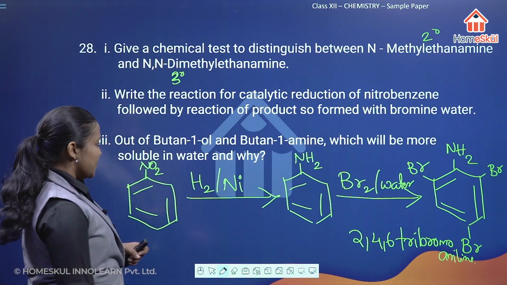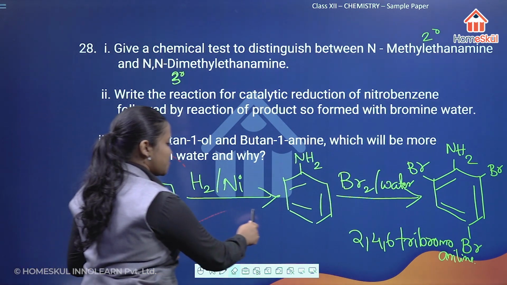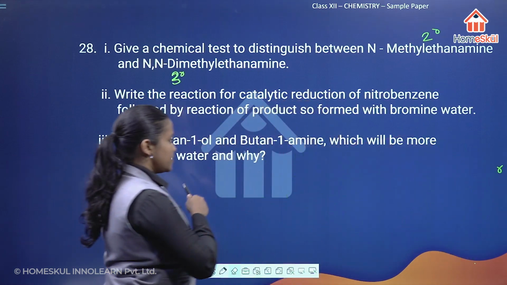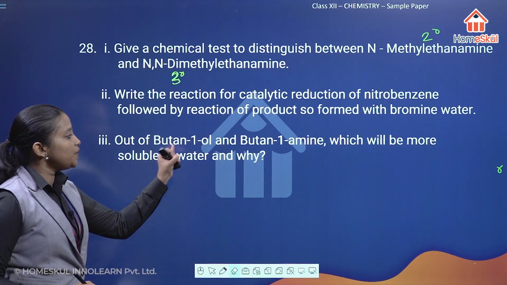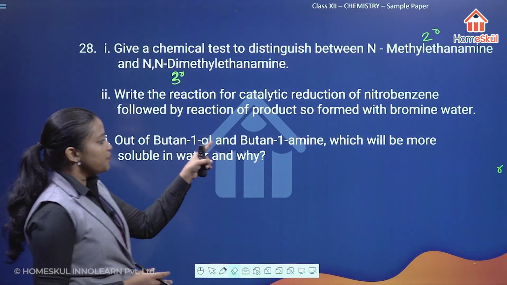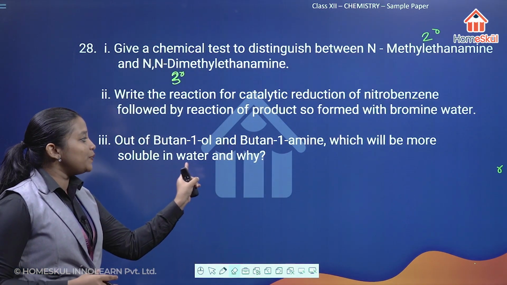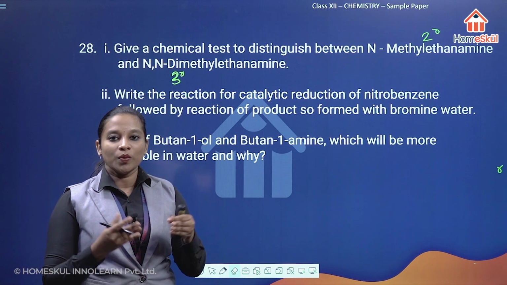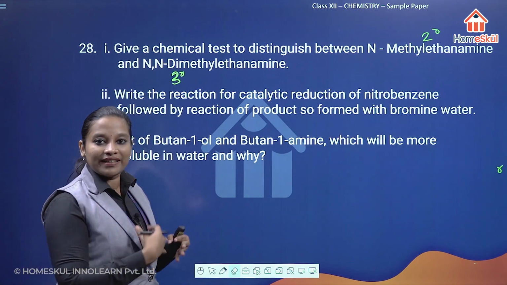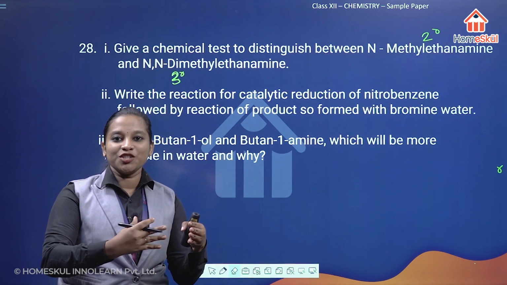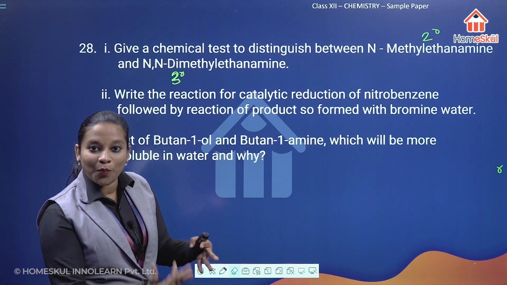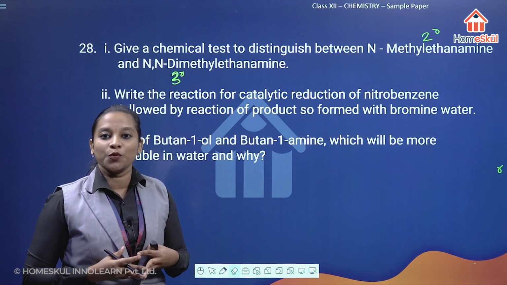Now, moving on to the third question. Out of butan-1-ol and butan-1-amine, which will be more soluble in water and why? We already studied that solubility is connected to the strength of the compound to form hydrogen bonds with water.